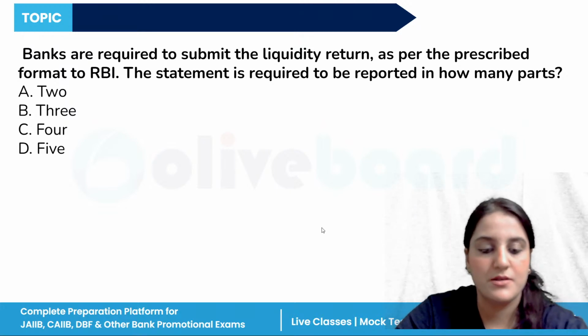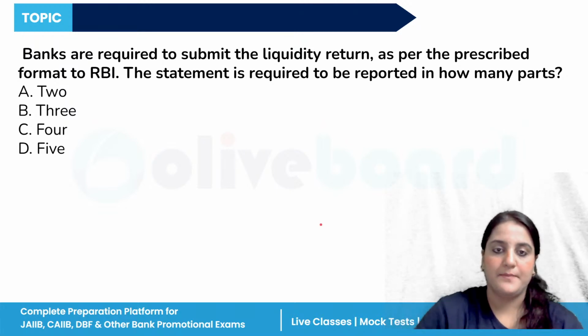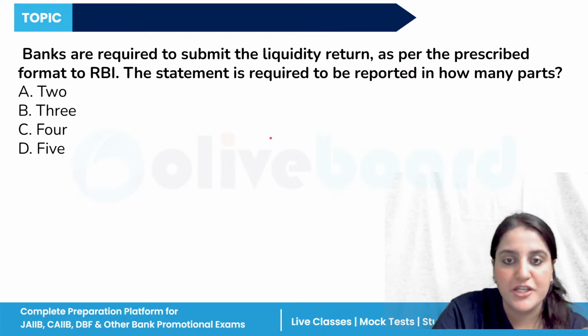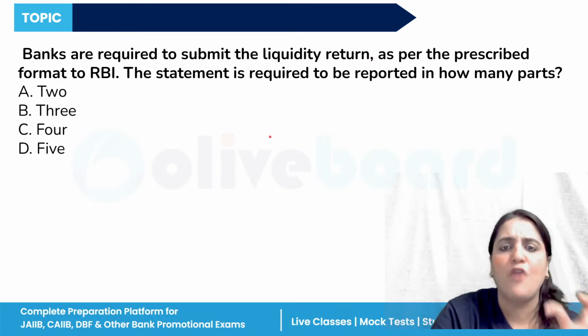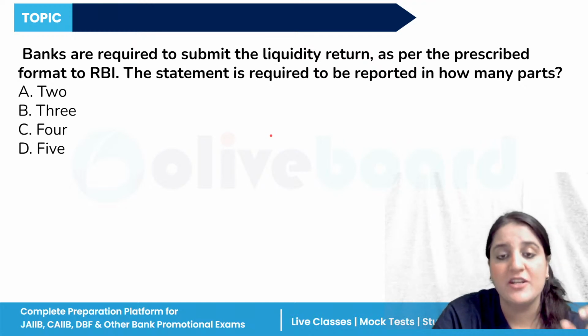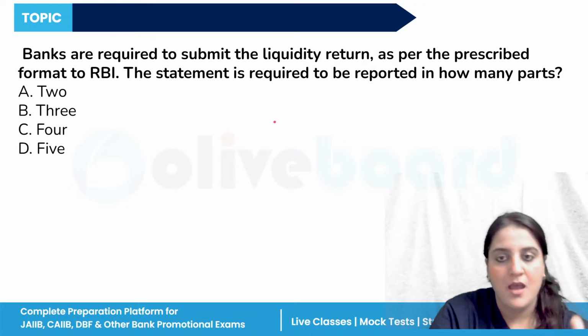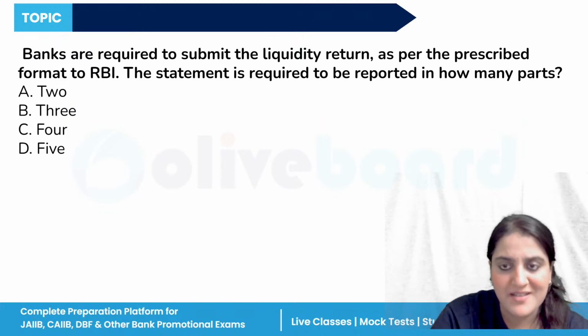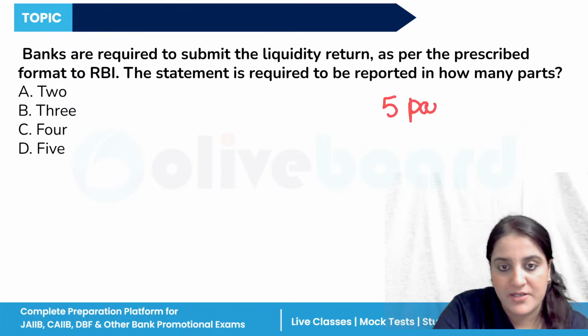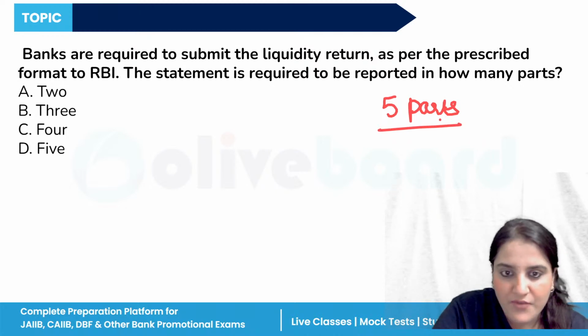See, banks are required to submit the liquidity return as per the prescribed format of RBI. The existing liquidity reporting requirements have been reviewed by the RBI, and some of the statements are required to be reported in 5 parts. Now, what are these 5 parts?